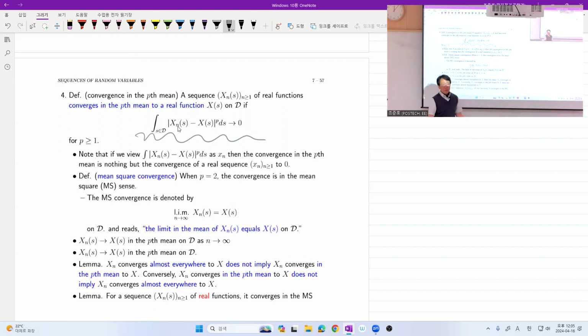Then you may say that, okay, in terms of energy, no change. The signal is what? The same. Got it? And this definition is called the convergence of the sequence of functions to the limit in the pth mean, if p is a real number greater than or equal to 1.